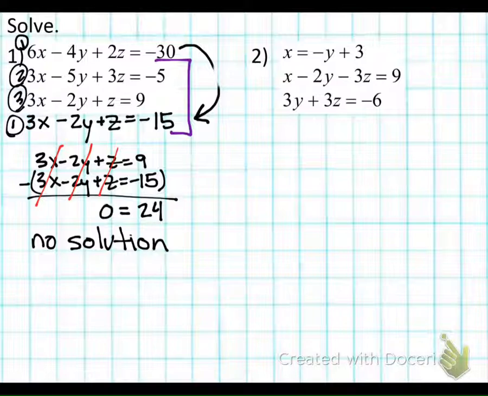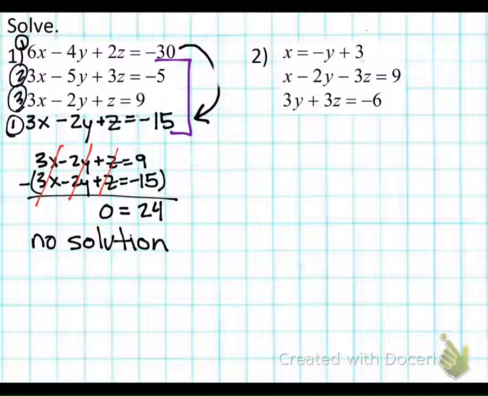Since I already have the third equation in y and z, I'm going to try to get a second equation just in y and z. Do you see that if I take x equals this and plug it in for x here, my second equation is just in y and z now?